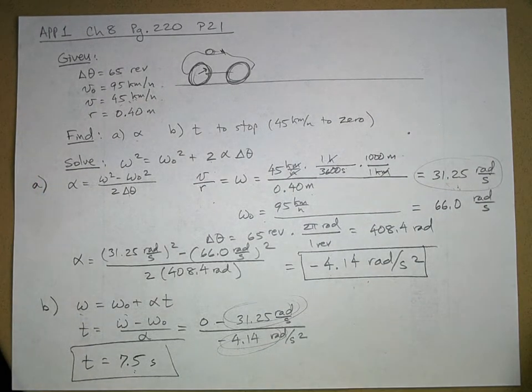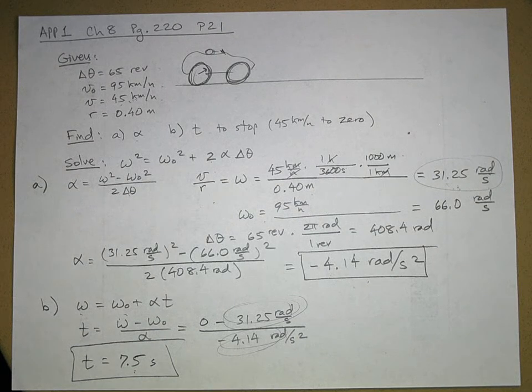What's the big picture idea? If you have a car and you know the linear speed of the car, and you know the radius of the wheel, that wheel is in rolling motion. So you can figure out the angular velocity of the wheel, and the acceleration of the car, the initial and final velocity of the car, can all be related to the initial and final angular velocity of the wheel and the angular acceleration of the wheel.